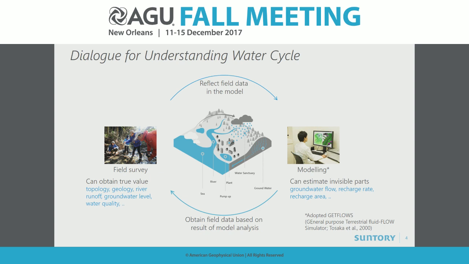This study is not a one-path process, so we get feedback from the model to gather additional and effective field data. We call this cycle a dialogue between field survey and model works. And we adopted the GETFLOWS model, which was developed by a Japanese venture.